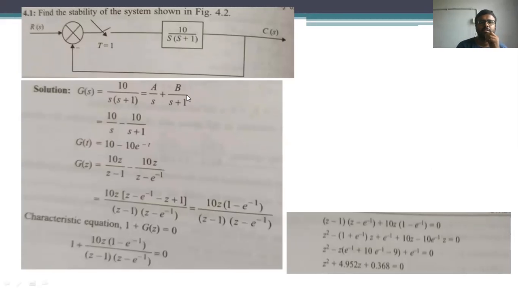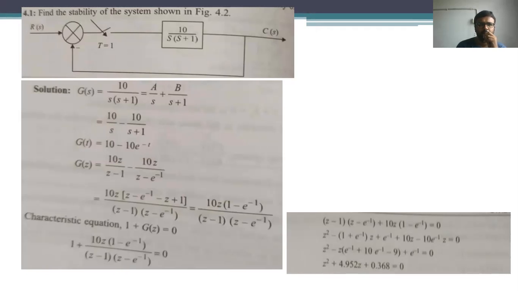So this equation is going to be converted as per the process of the partial fraction method. 10 divided by s into s plus 1 is going to be taken as A divided by s plus B divided by s plus 1.